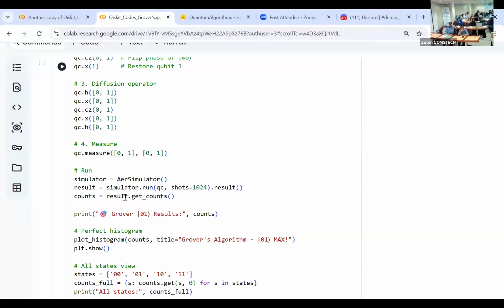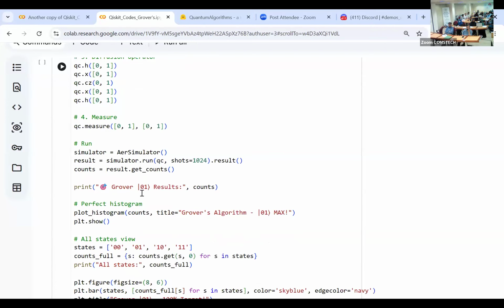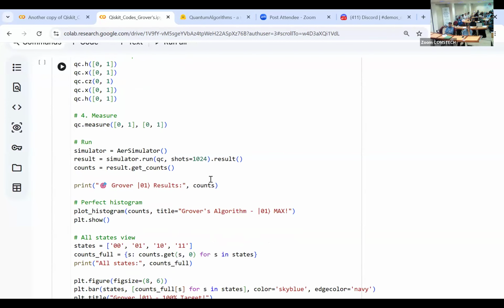And in the end, we're going to count the number of times the 1 state and 0 state appear after running the simulation. And then we are going to print the counts, how many times 0, how many times 1.